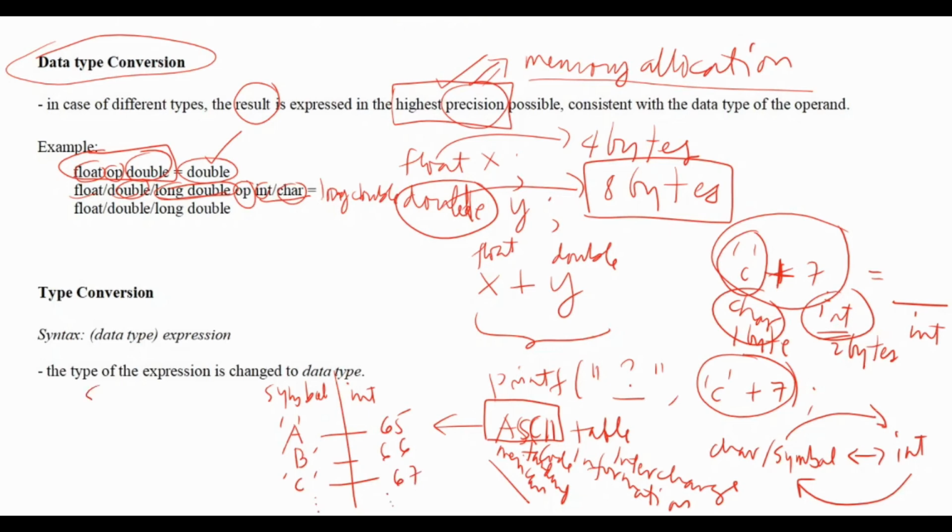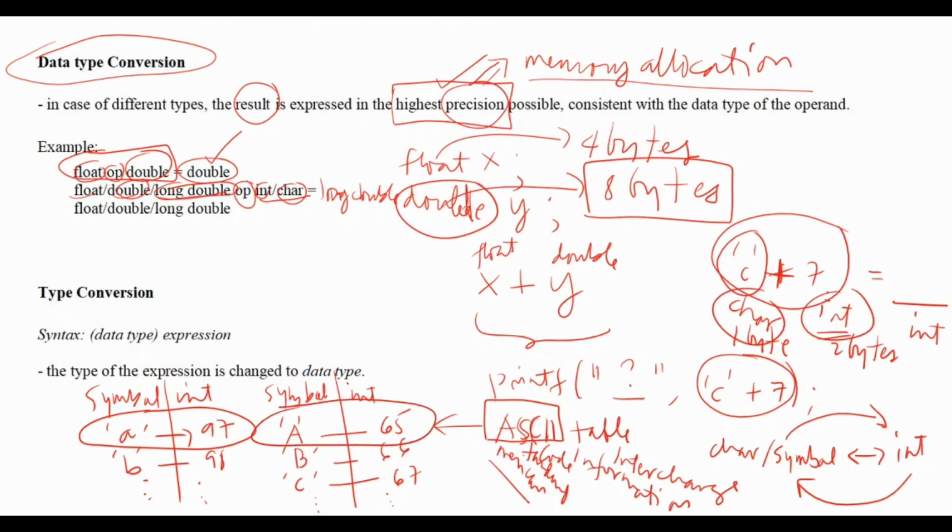And for small letters, say small a, the integer equivalent value is 97, and lowercase b is 98, and so on. So all you have to do is memorize this one and this one. You will know the integer value of the rest of the letters, whether uppercase or lowercase.